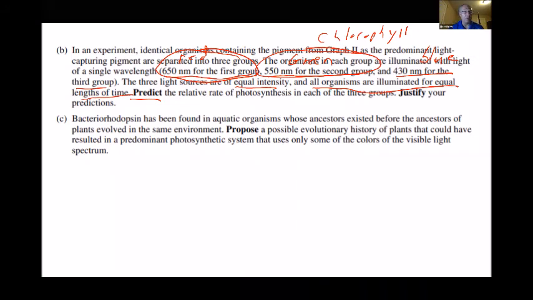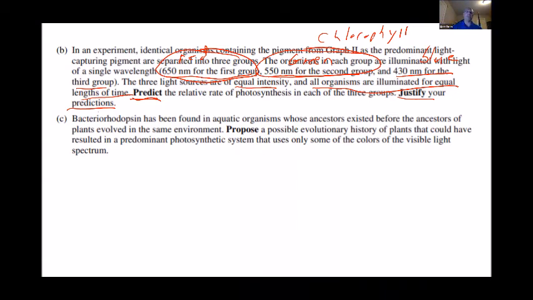They absorb almost no light, and therefore they have no energy for doing photosynthesis. So really we kind of did all three of those things in the same sentences. We predicted fastest to slowest, and then we justified by talking about what forms of light were absorbed the best. Blue the best, red the second best, green pretty much none at all.